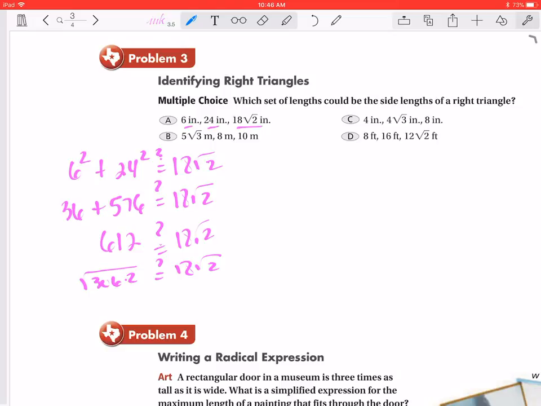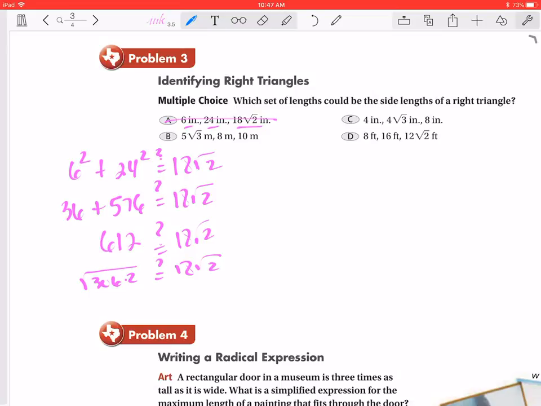Maybe. Now let me see, let's take the square root of 306. That gives us 17.49. So that is not a possible set of lengths of a right triangle. That won't work.